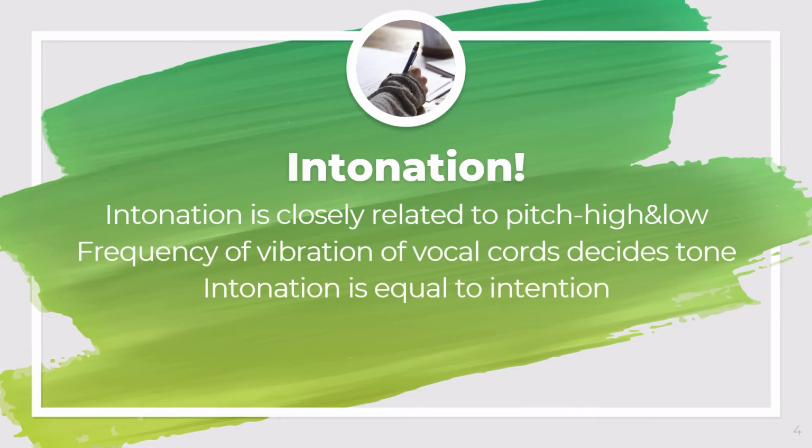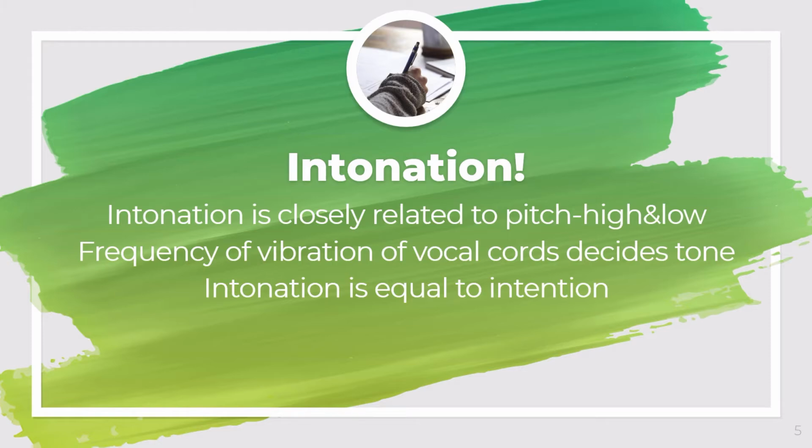That means if our vocal cords vibrate very frequently or rapidly during the production of an expression, we call it a high-pitch expression. On the other hand, if our vocal cords do not vibrate so rapidly or frequently during the production of an expression, we call it a low-pitch expression.